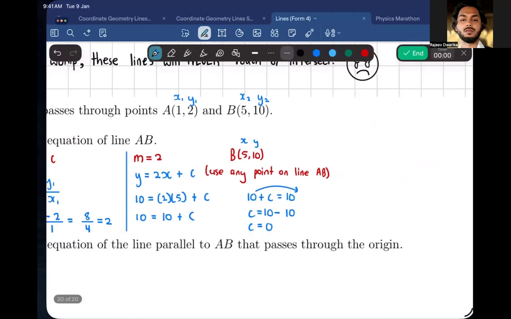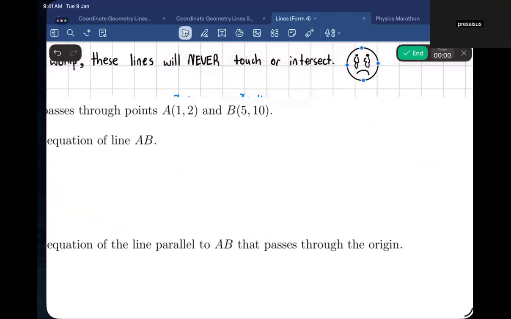So we have everything now. So could you tell me what the final equation is? y equals... What is m? m is 2, right?